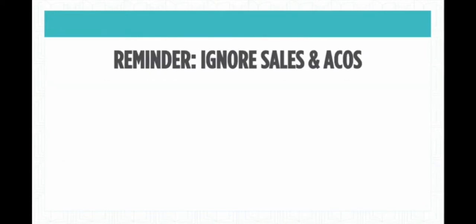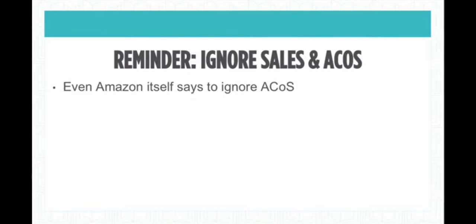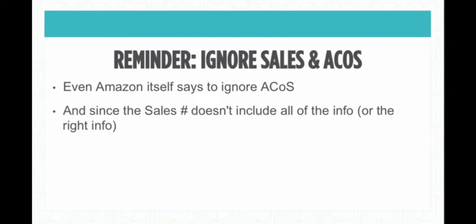Now, I want to remind you that even an Amazon rep and also a higher level customer service person said to ignore sales and orders, the stats that go into advertising cost of sale. Since that sales number, the gross sales that will show up on your ad dashboard, mashes everything together, like if you sell an ebook at $3.99 and a paperback at $9.99.